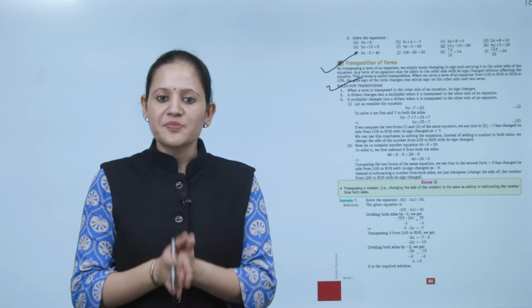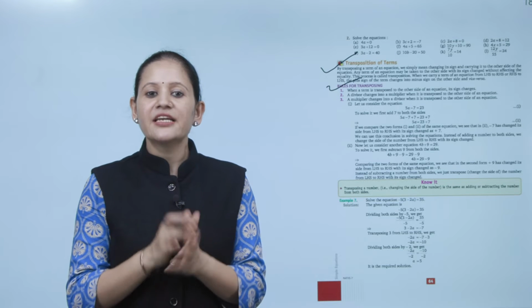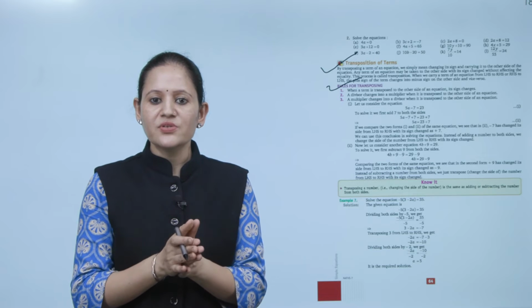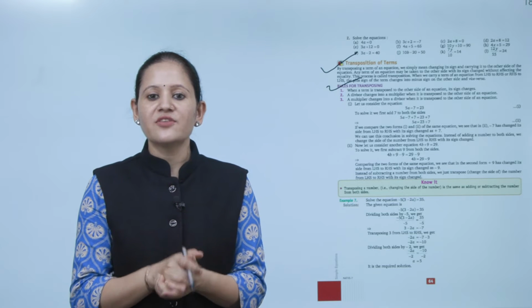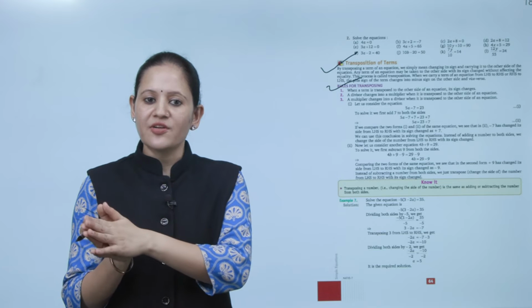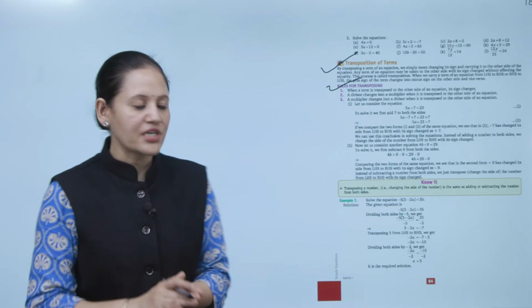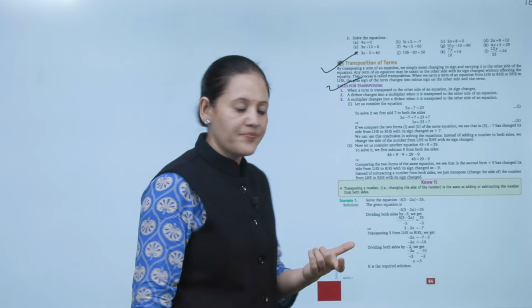When a term is transposed to the other side of an equation, its sign changes. A divisor changes into a multiplier when it is transposed to the other side of an equation. A multiplier changes into a divisor when transposed to the other side of the equation. Let us consider the equation 5a minus 7 equals 23. To solve, first we add 7 to both sides.